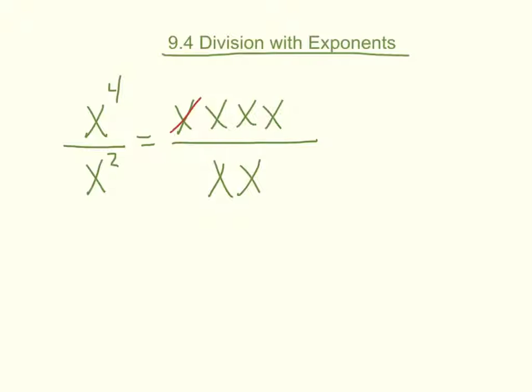X divided by x, those two cancel. X divided by x, those two cancel. When there's nothing left on the bottom to cancel out, I'm done. And that's what I'm left with: x times x, which is x squared.